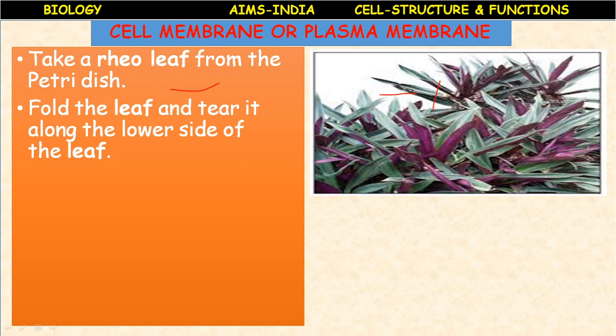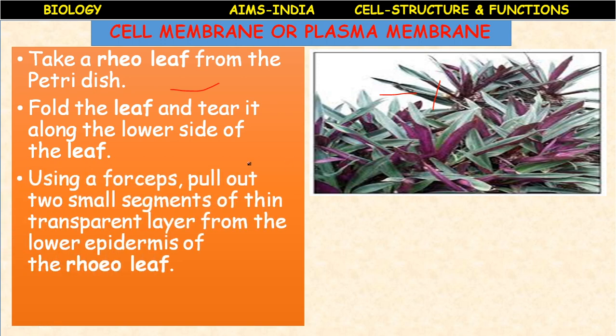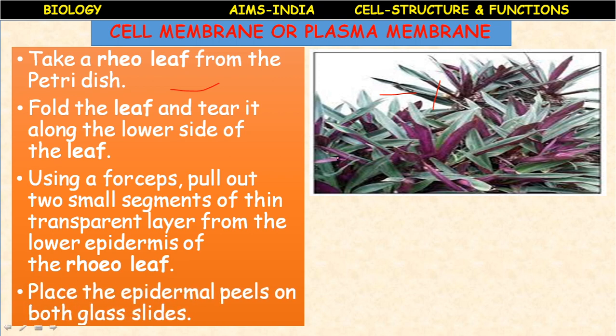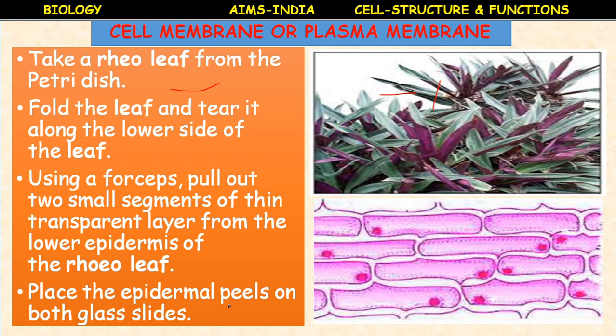Using a forceps, pull out two small segments of thin transparent layer from the lower epidermis of the Rheo leaf. Okay, with the help of your teacher, you can conduct this activity or experiment in the school laboratory. So place the epidermal peels on both glass slides and observe under microscope.